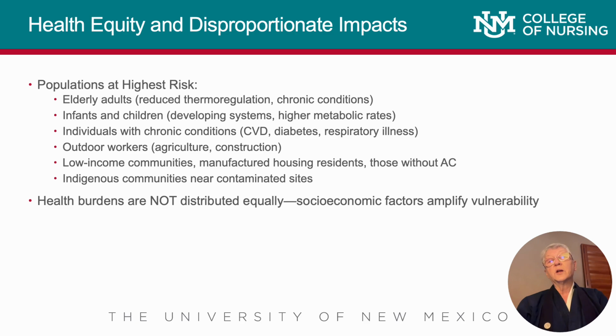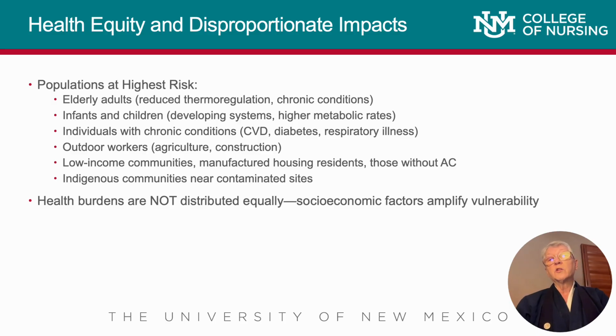Infants and children have developing systems and high metabolic rates that make them more vulnerable. Individuals with chronic conditions like cardiovascular disease, diabetes, and respiratory illness are at higher risk. Outdoor workers in agriculture and construction have greater exposure to heat and environmental hazards.